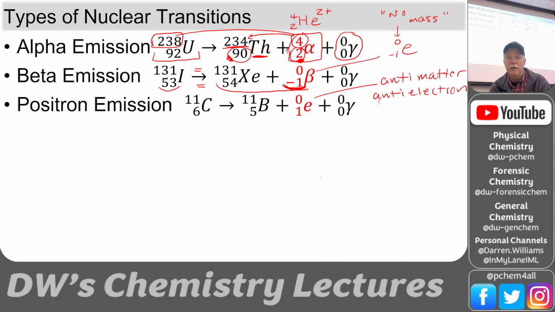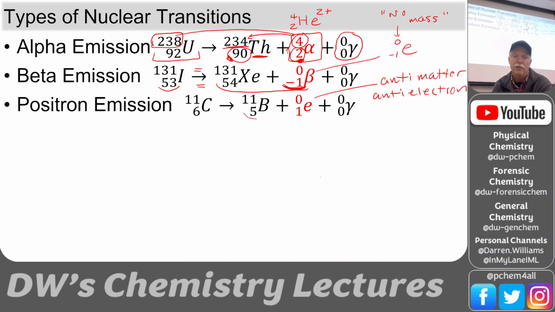That's weird. And some elements like carbon 11, notice it's not carbon 12 or carbon 13 or carbon 14, it's carbon 11. You could think of it as having more protons than it can support. Like the neutrons, you only have 5 neutrons, and they could really stabilize 5 protons, and here we have 6. And so in this case, one of those protons spits out an anti-electron and becomes a neutron.